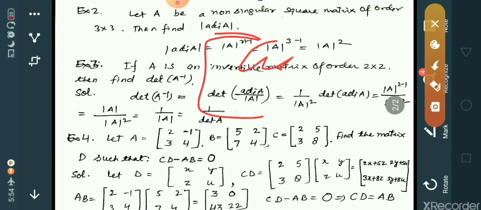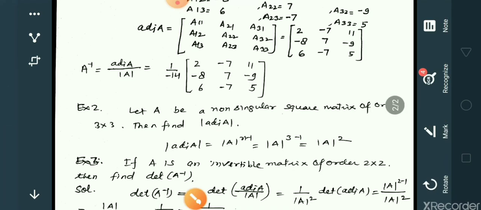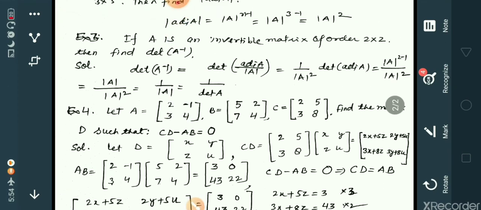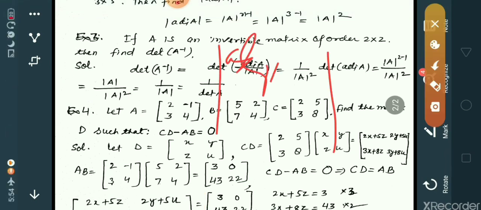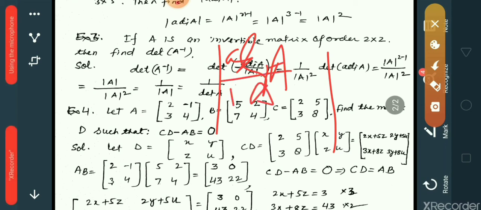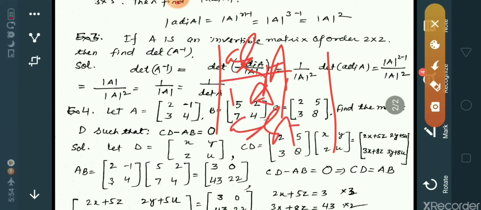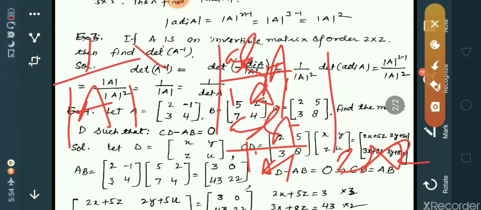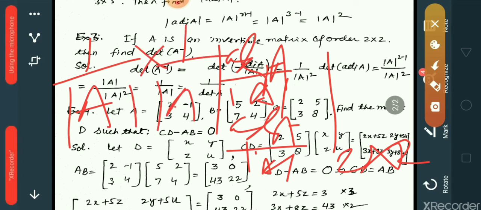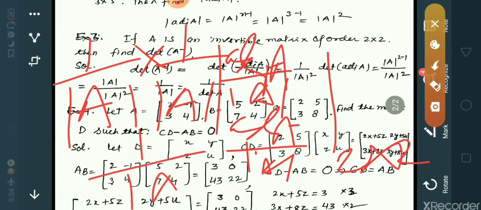It will come from the adjoint of A, and use the determinant symbol. Adjoint of A divided by determinant of A. It will be 4 times because it is a 2 cross 2 matrix. Now take 1 upon determinant of A from R1 and similarly from R2. You will get 1 upon determinant of A square.